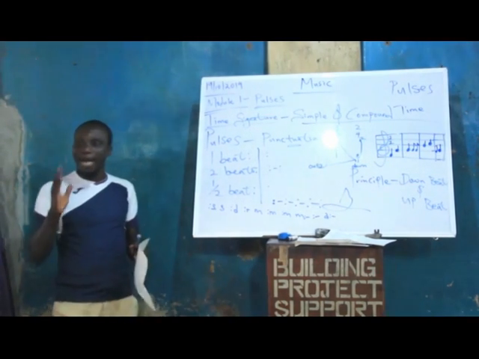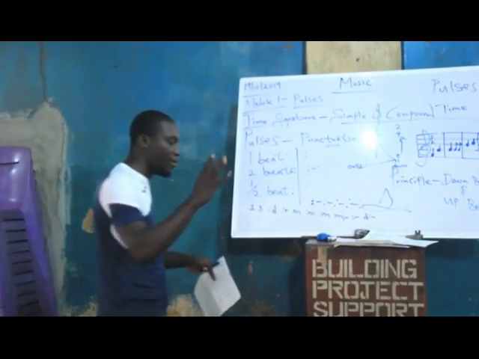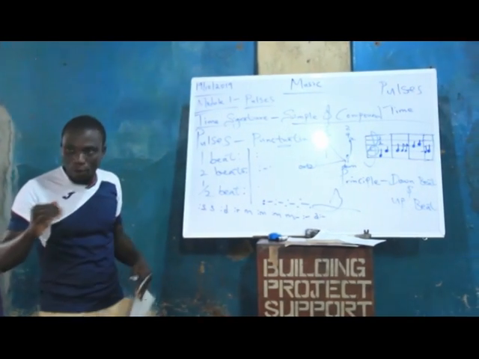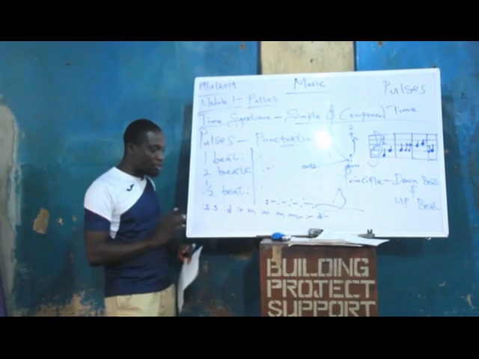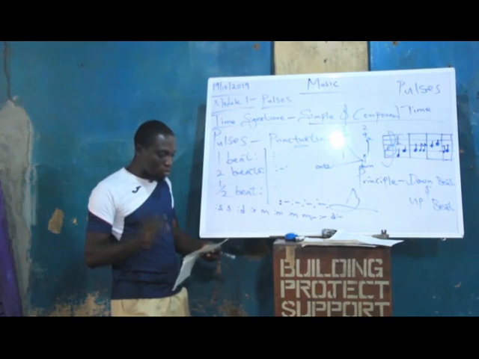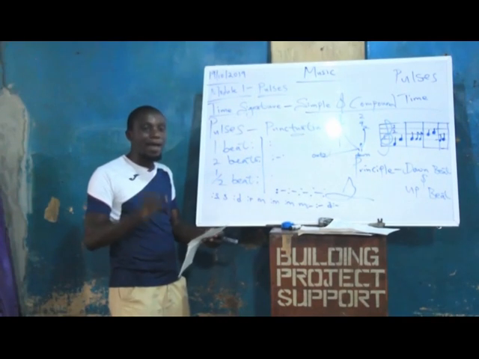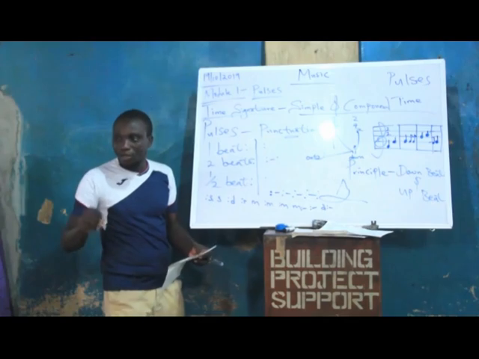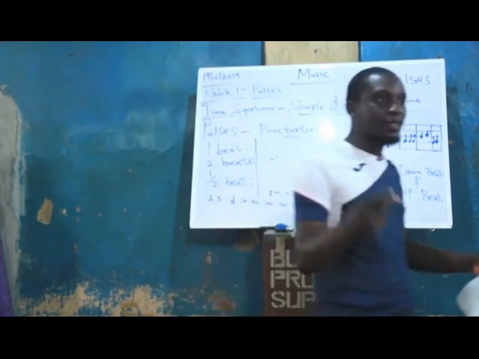Or even 9, a compound triple time signature, then you have 9 as the upper figure. You know, it still goes in that form. Alright. So now, let's assume that what we have here is on that count. 1, 2, 3, 4, 5, 6. So, do you understand? Can you snap? Can you snap?